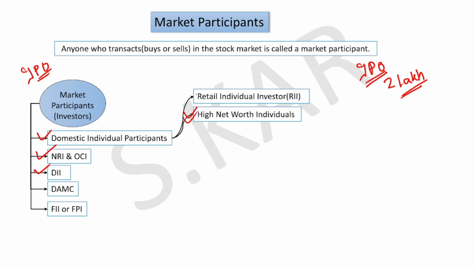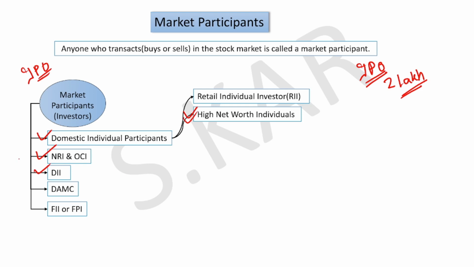You won't anymore be a retail individual investor. So in an IPO, if you apply with more than 2 lakh rupees, you will fall under high net worth individuals. If you apply with less than 2 lakh rupees, you will fall under retail individual investors.